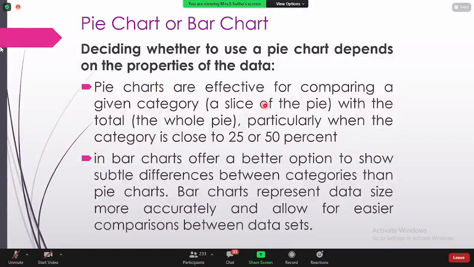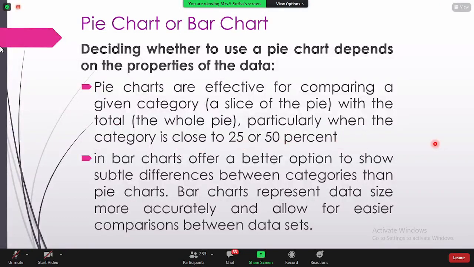Pie charts are mostly effective for comparing the given categories, right? That is a slice of the pie. We are looking at the percentage of the whole pie. We want to compare a given category over the total. Also, the categories should be close to 25 or 50%.